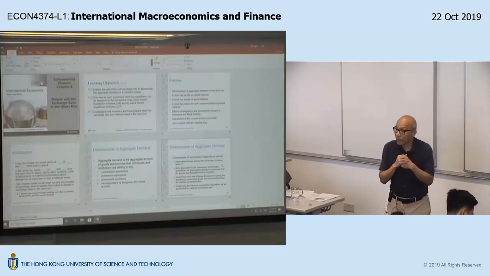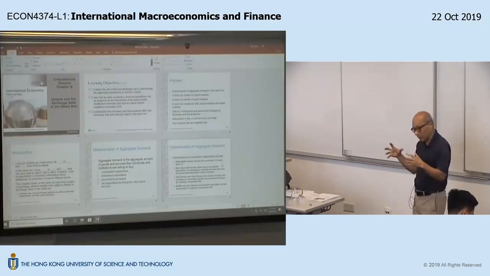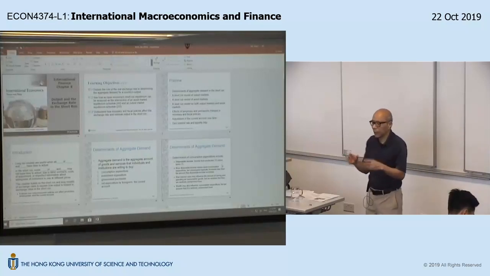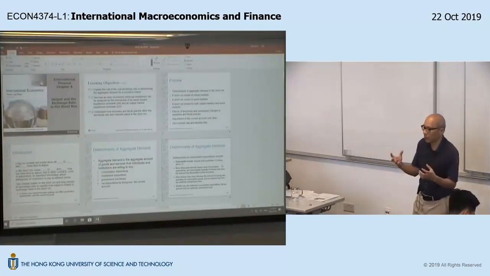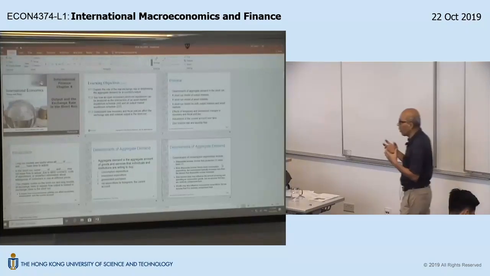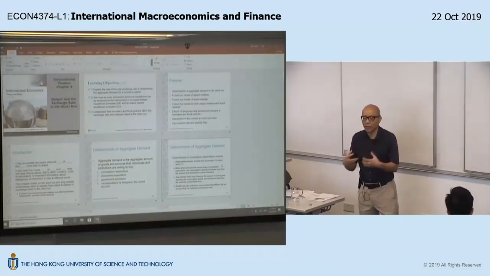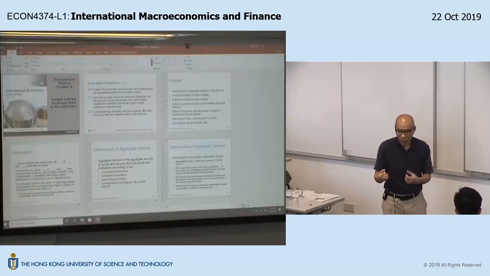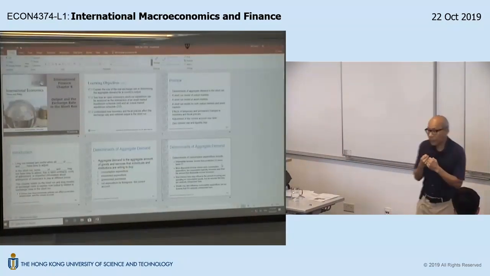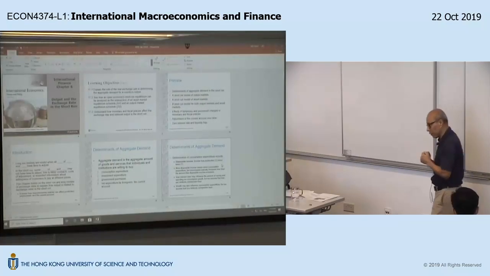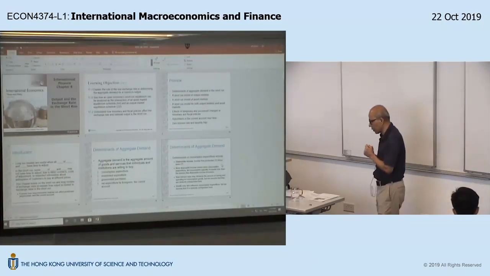But for Hong Kong, net export makes up a much larger percentage of aggregate demand. So a place like Hong Kong, its aggregate demand depends very much on net export. Okay, export and import is very, very important to a small open economy like Hong Kong.